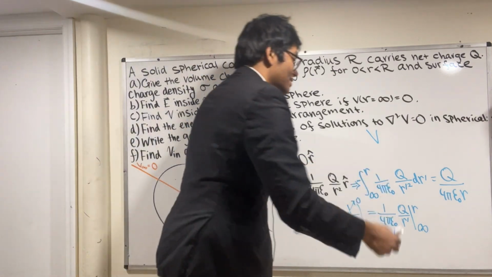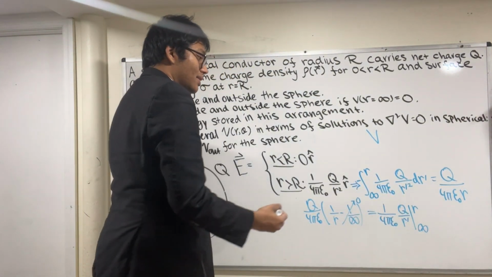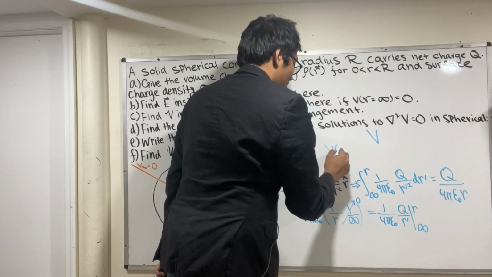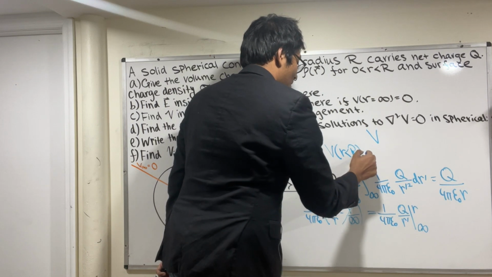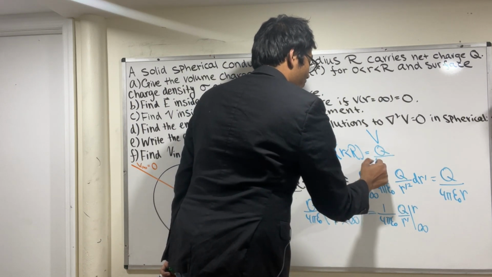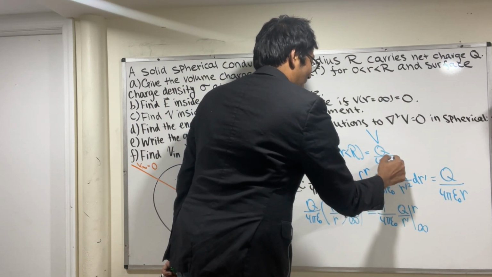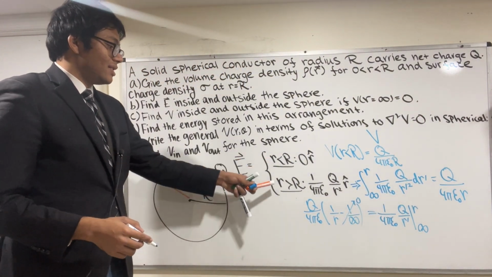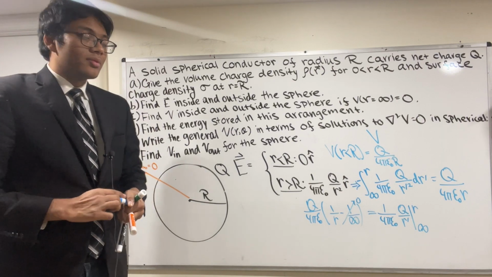That's what makes it non-zero. And the boundary is r equals capital R. So the electric potential inside, when r is less than capital R, is going to be q over 4 pi epsilon naught capital R. So there you go. There's your potential inside and your potential outside for this problem.